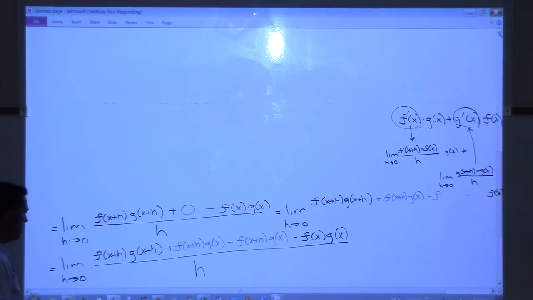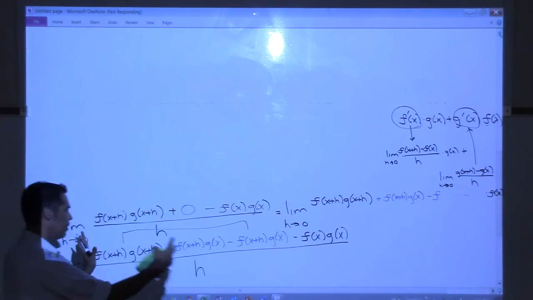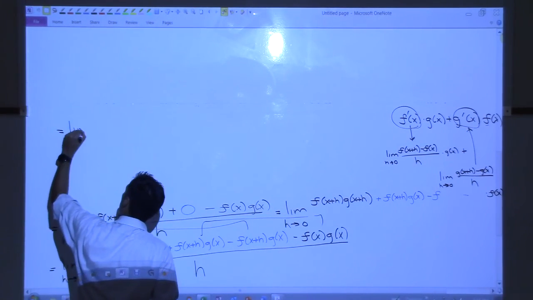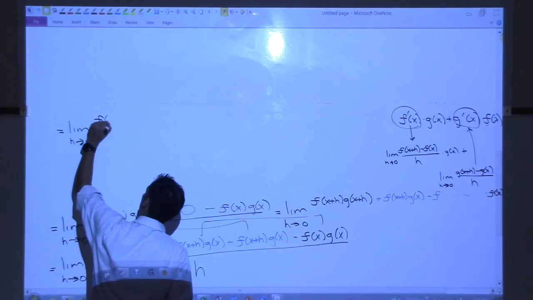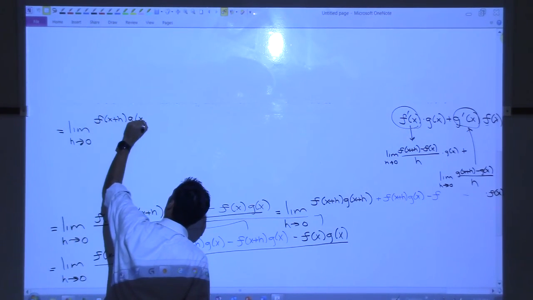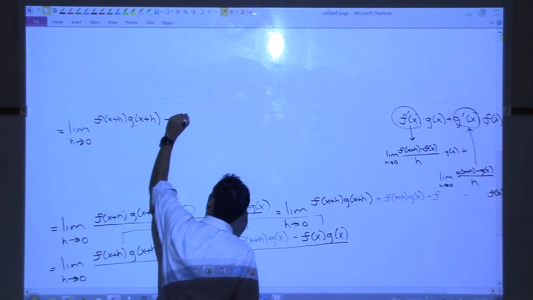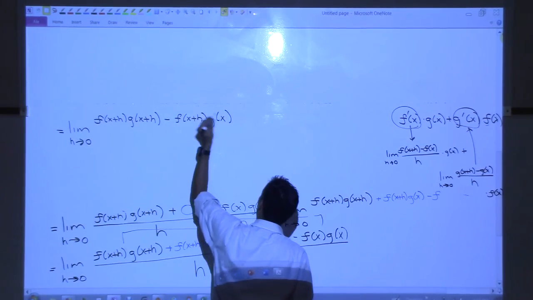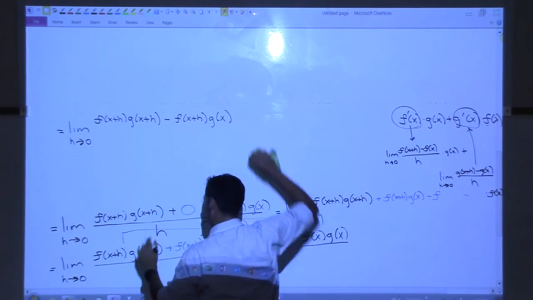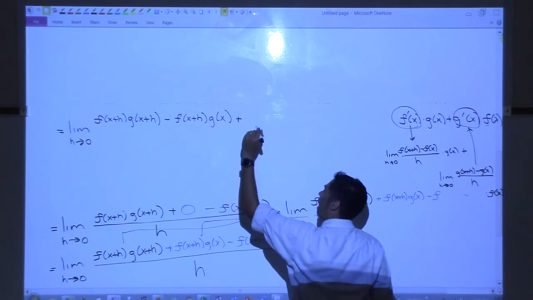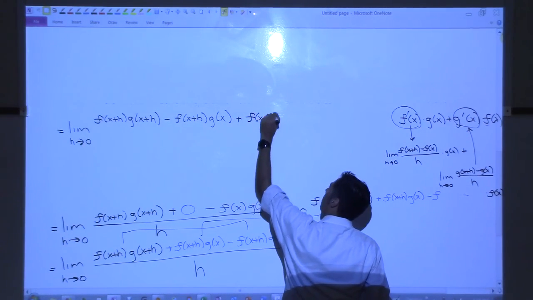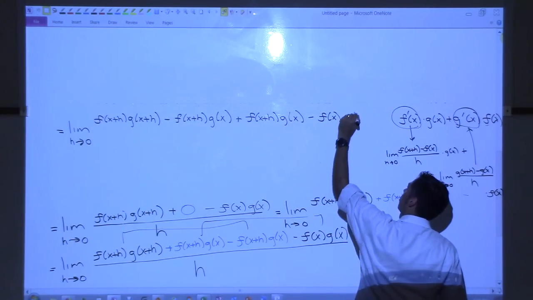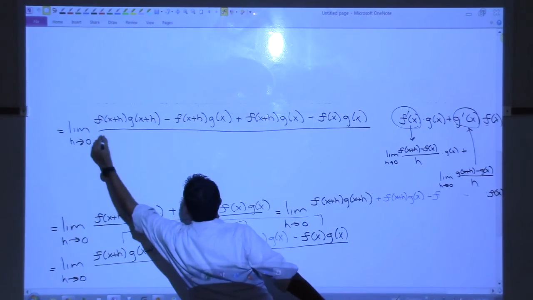Now, I'll leave that there and do something really nice. I'm going to take this one and that one and put those together, and then put this one and that one together. So watch what happens. Limit h goes to 0, f of x plus h, g of x plus h, minus f of x plus h, g of x, plus f of x plus h, g of x, minus f of x, g of x, all over h.